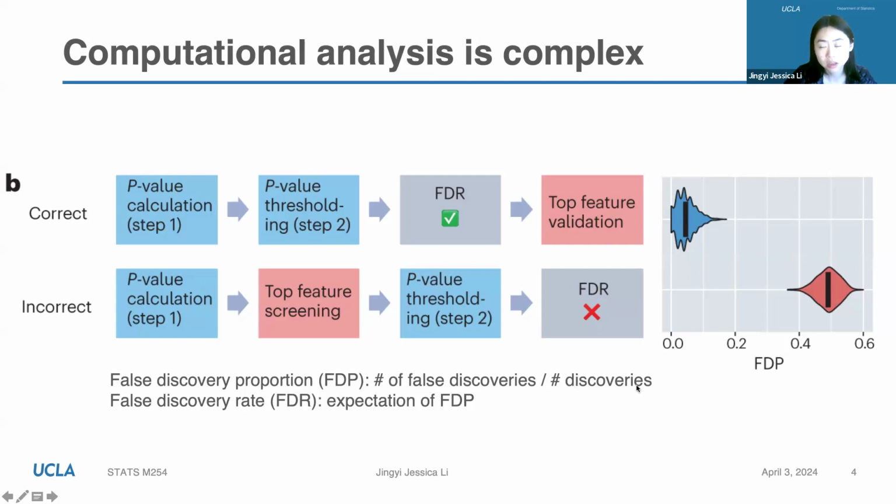So we would know this denominator, but we don't know the numerator, because knowing the numerator requires that you know the ground truth, and that's what we don't have. But the magic here is, even though FDP itself is a ratio you cannot observe, you can somehow control the expectation of FDP, which is FDR, under a threshold.